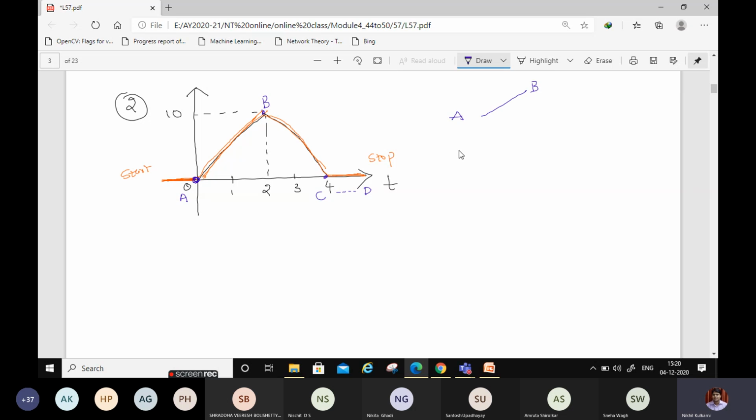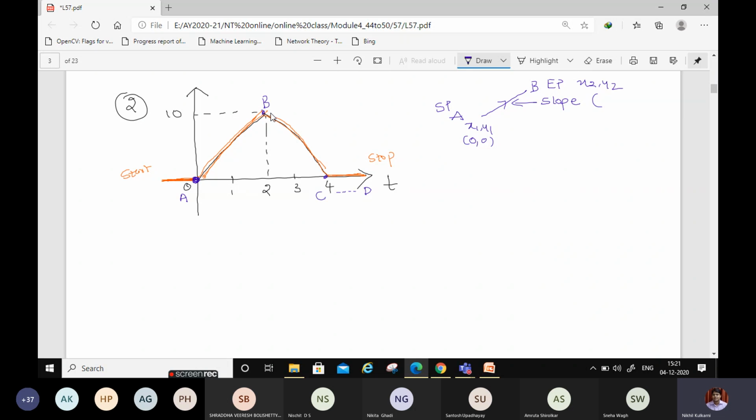It is a positive ramp signal, so you have to identify the slope here. Taking A as the starting point and this as the ending point, you can mark x1, y1 and here x2, y2. What are the x1 and y1 values? This point is 0 comma 0.